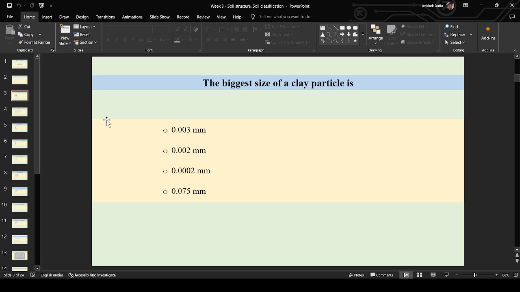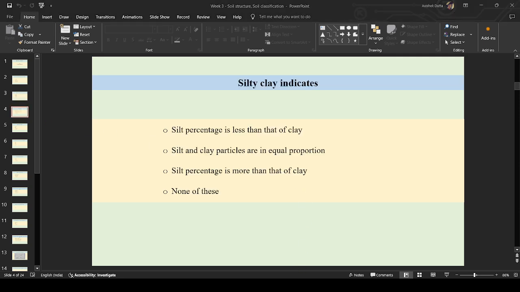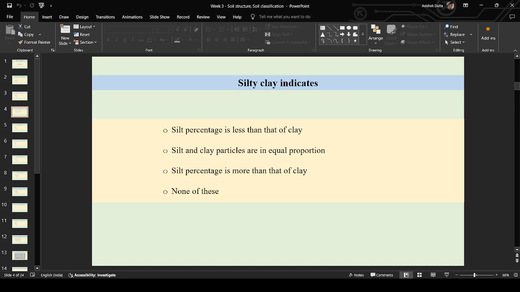So next question. Silty clay indicates. The first option is silt percentage is less than that of clay. Second option, silt and clay particles are in equal proportion. Third option, silt percentage is more than that of clay. Last option, none of these.